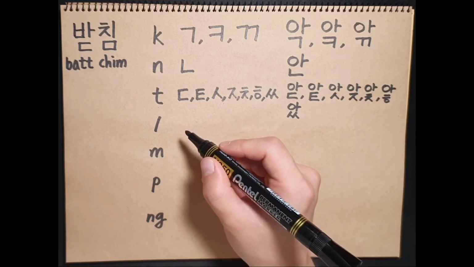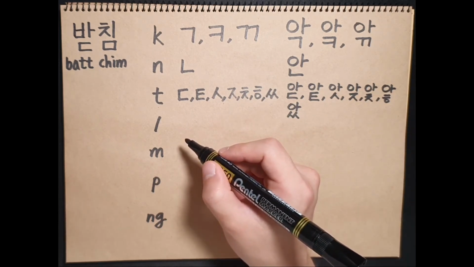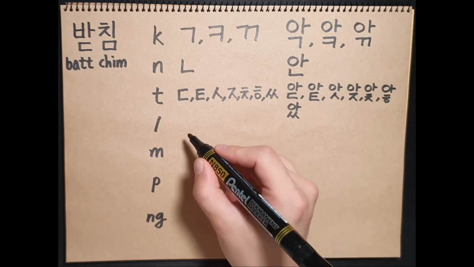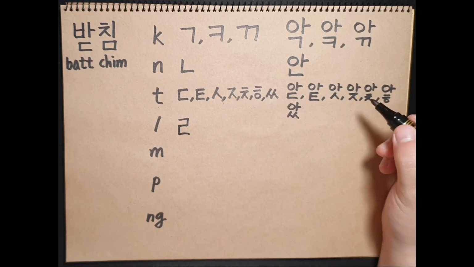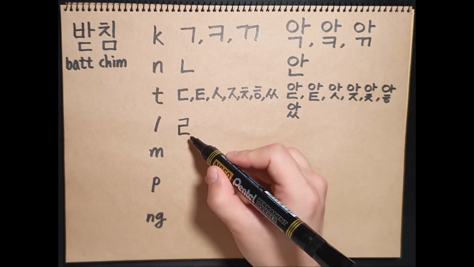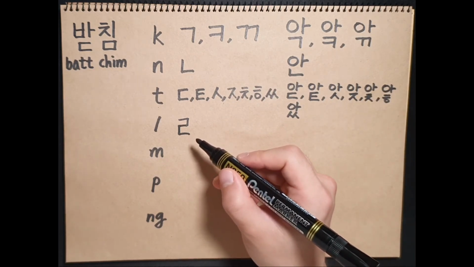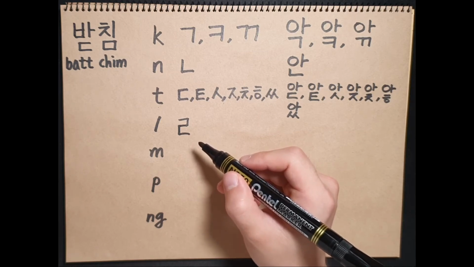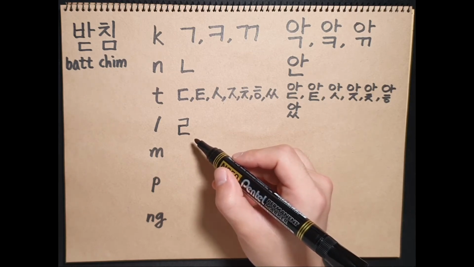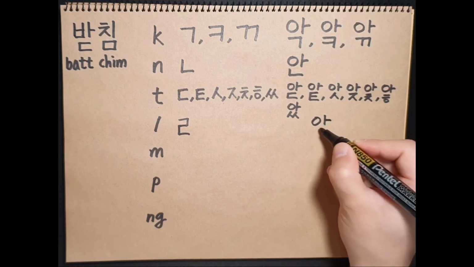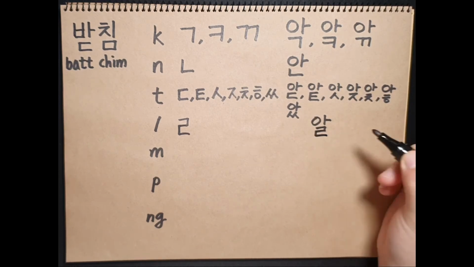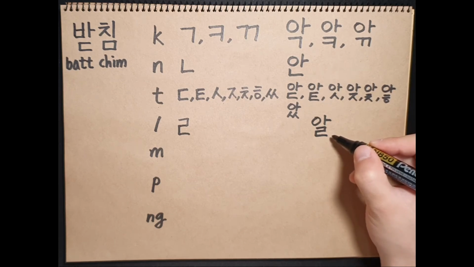The next letter that has the ending sound of an L is 리을. It has the ending sound of an L, ul. So combined with A, it becomes 알.